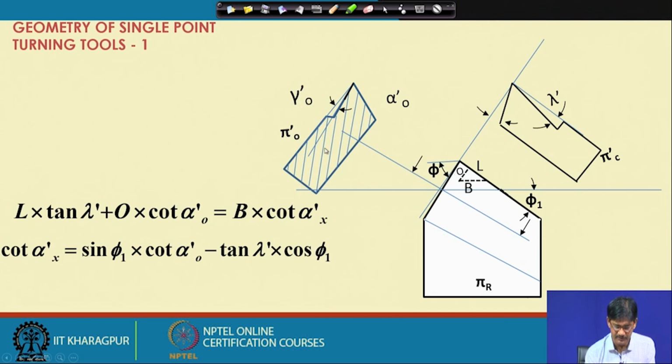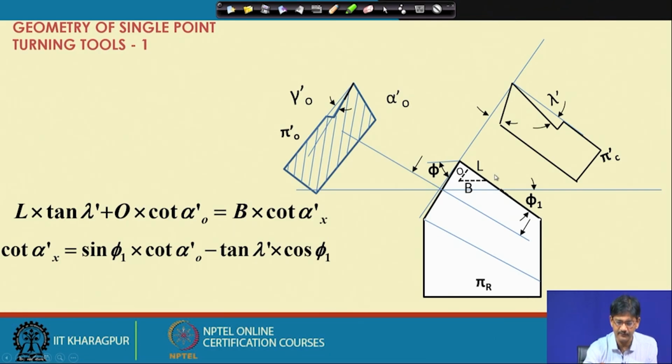If you see the auxiliary orthogonal plane, from this point we are moving down, and I have not drawn the auxiliary side clearance.